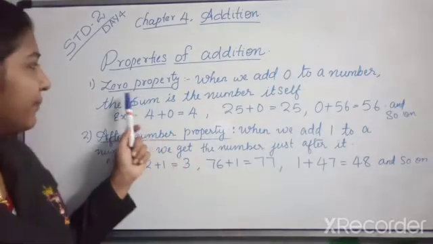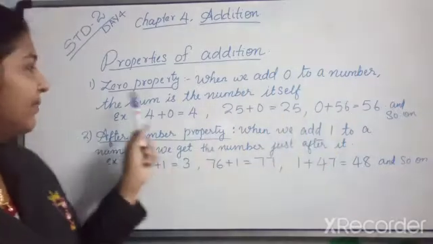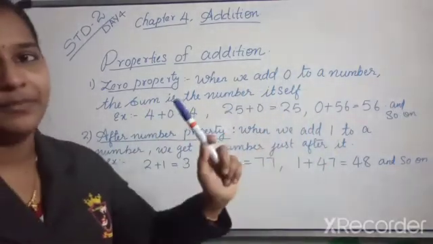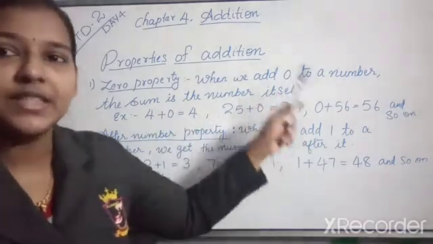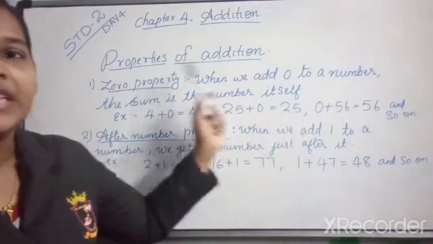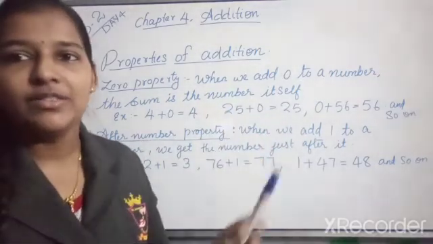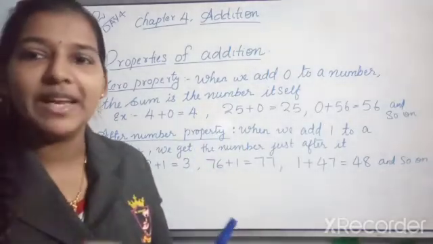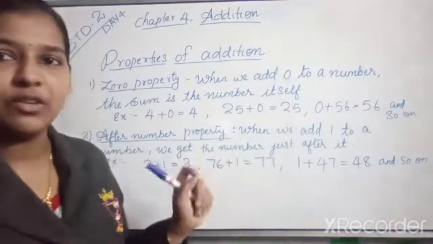Zero property is that when we add 0 to a number, the sum is the number itself. So if we are adding a number with 0, we will get the same number as the sum. This is what zero property says.